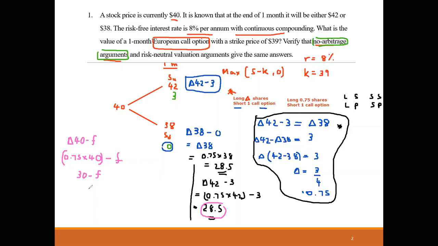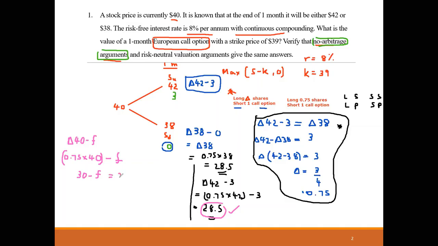And also you can derive the value of the portfolio today based on this 28.5 as well, because we know this is a riskless portfolio that we have created. On a riskless portfolio, the return that you can expect is the risk-free rate of return when there are no arbitrage opportunities. So we are using the no arbitrage argument. So get the present value of this and equate to this value.